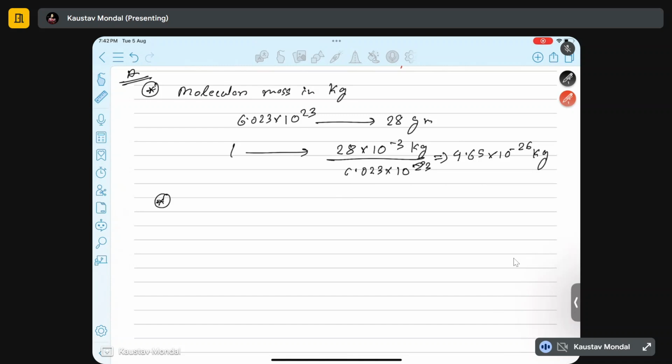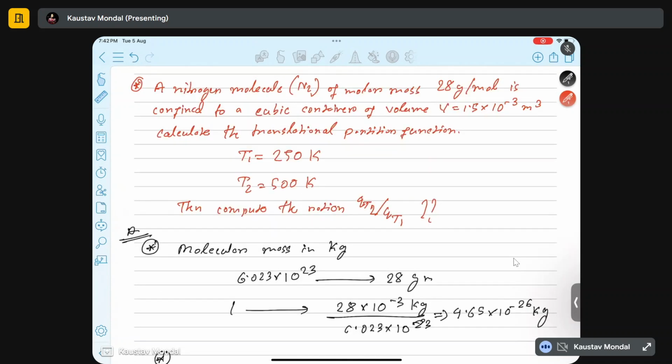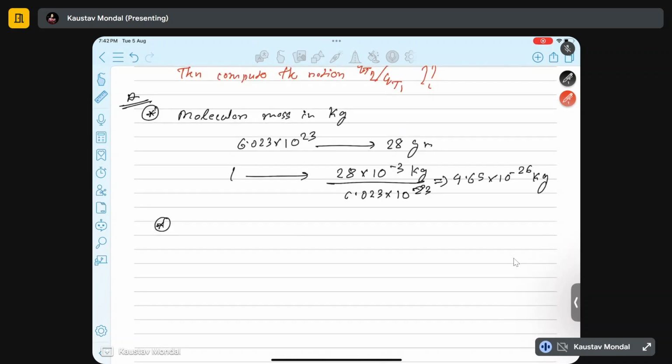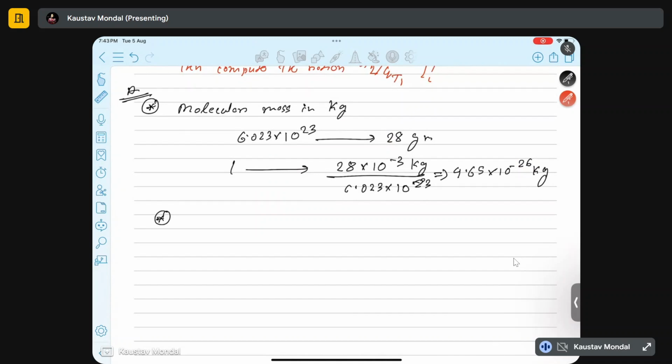So partition function, this is in a 3D system. Okay, so volume is given. So we'll have to use the formula of the 3D partition function, right?